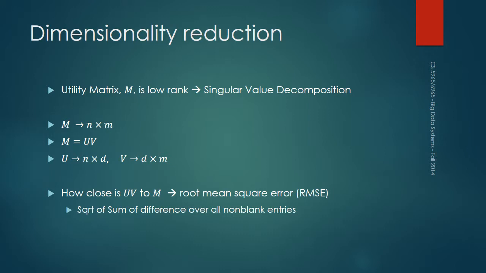So instead of knowing n cross m unknowns, which will be basically the utility values for every single item that every single user could potentially be interested in, we're saying that we have this sparser representation which will characterize it. And d is sort of a measure of how complicated these categories are.